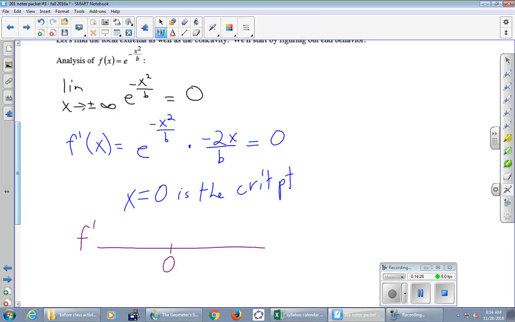We're picking a number to the right of 0, positive 1. E to anything is always what? Positive or negative? Always positive, right? Imagine the graph of e to the x. It's always above the x-axis. So this guy is for sure a positive number.